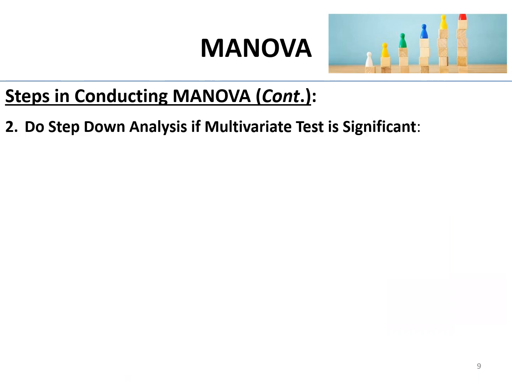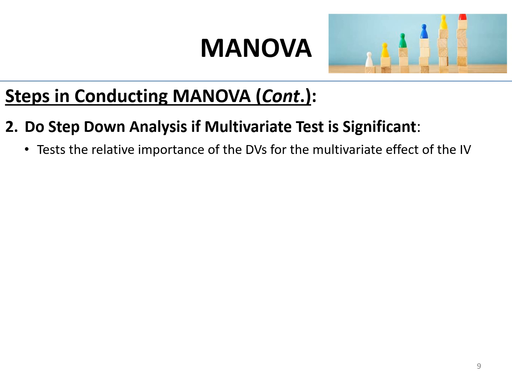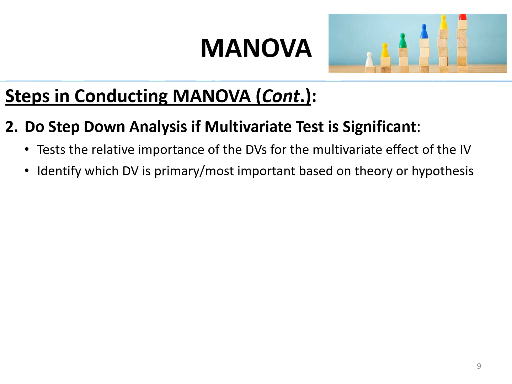So the next step in conducting MANOVA, when it's significant, is to actually do what's called step-down analysis of the multivariate effect. What this does is it tests the relative importance of the DVs for the multivariate effect of the independent variable, meaning you see which DVs it differs on and you order them.